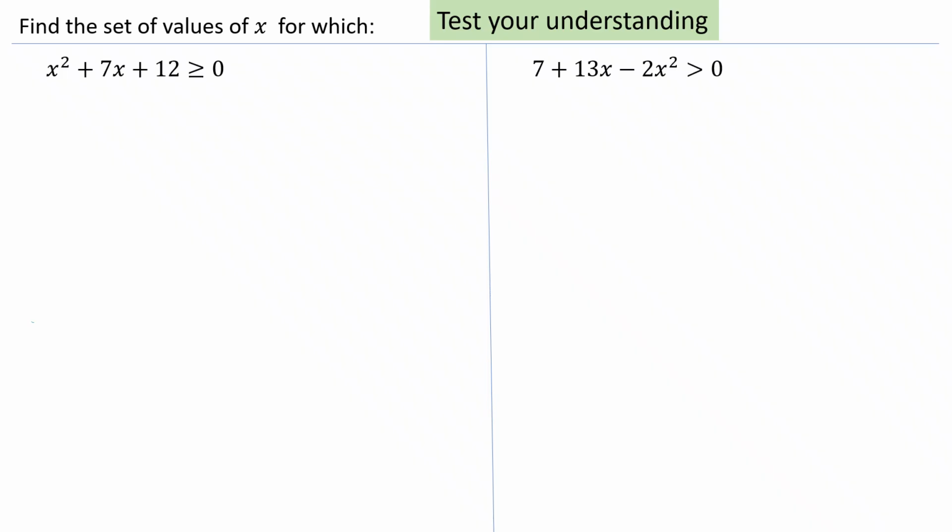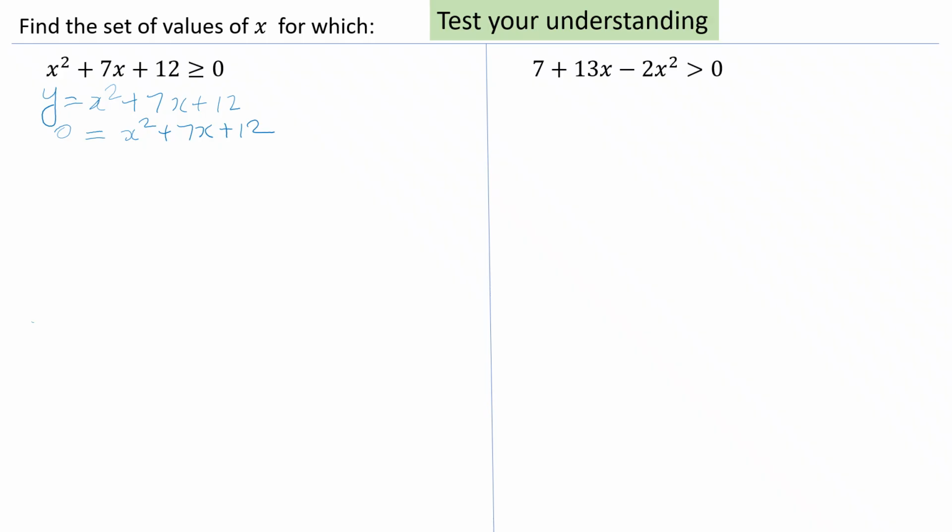First I'm going to draw the graph. So y equals x squared plus 7x plus 12. Draw the graph. y equals 0, so 0 equals x squared plus 7x plus 12. Now I'm going to factorize this one.